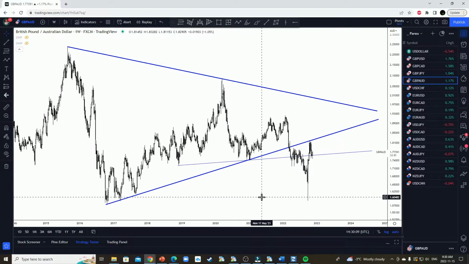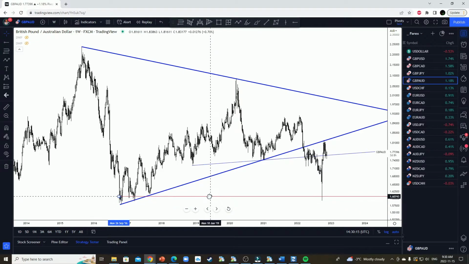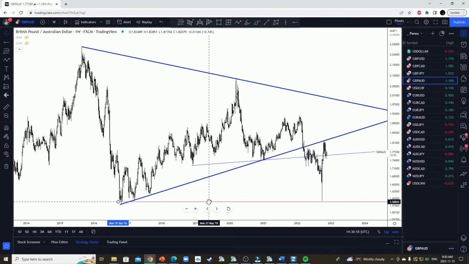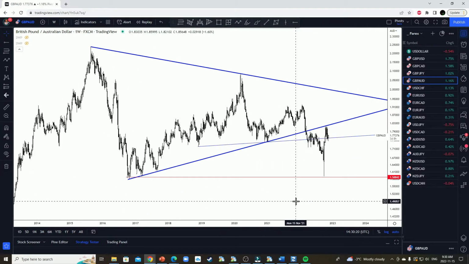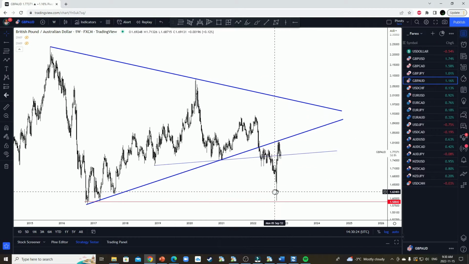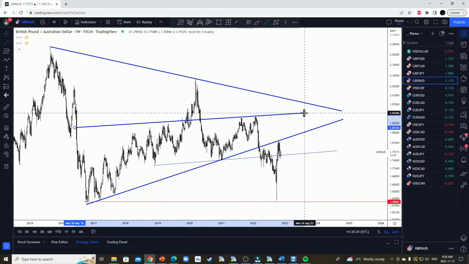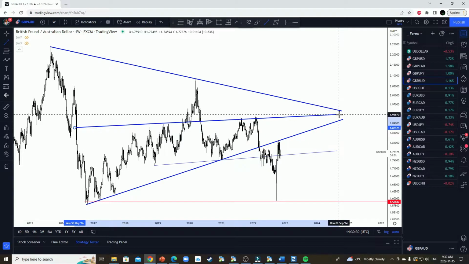And because of this strong rejection at this low, in this zone, I think that we're going to go higher and more than likely go to at least some type of regression of this.